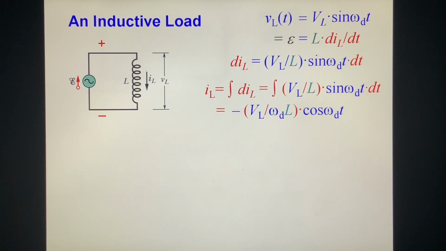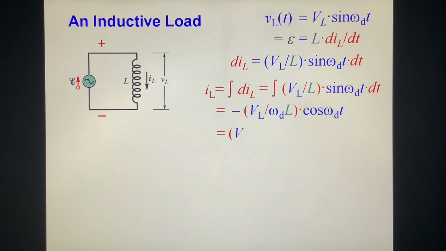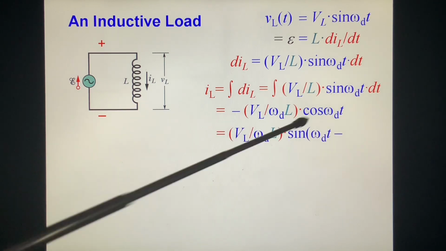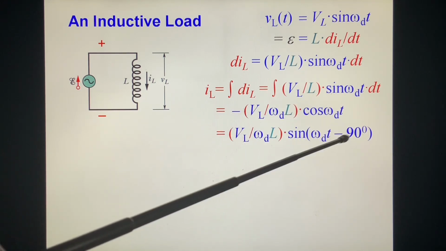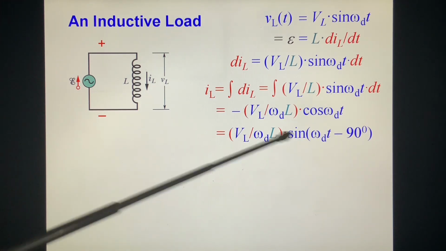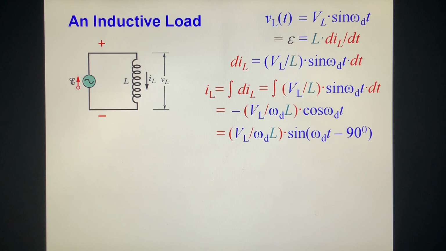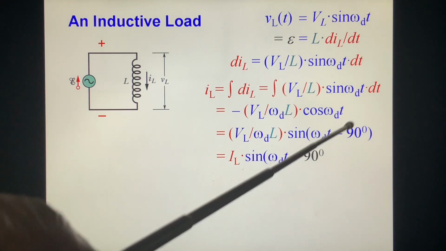And then this one, we will write in a standard form as I sine. And minus cosine omega t, we can write as sine omega t minus 90, minus half pi. In this way, it is standard form. What is standard form? The IL is this one. Phi is this one.